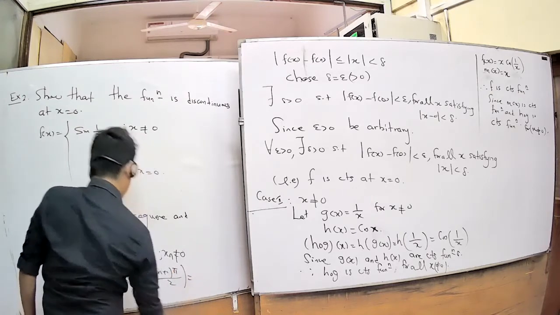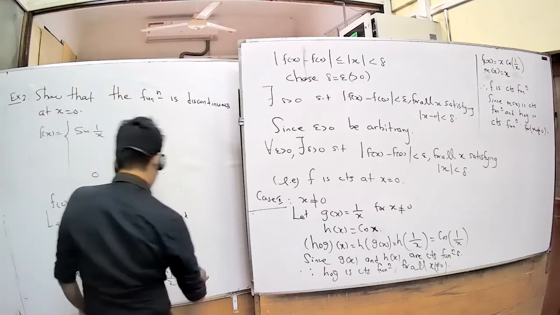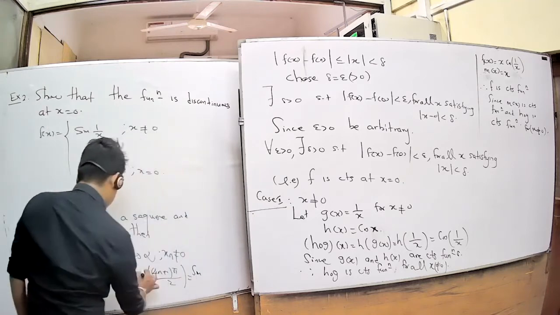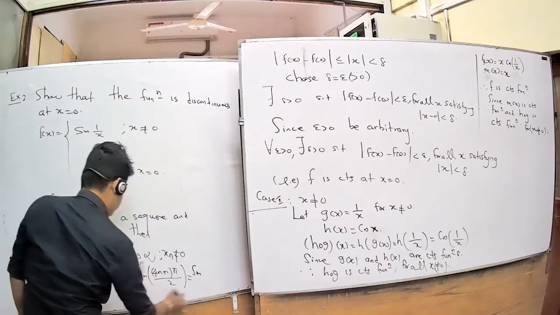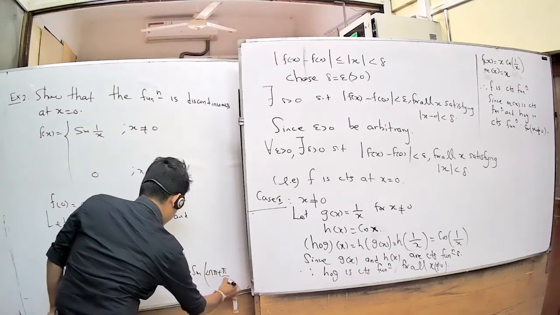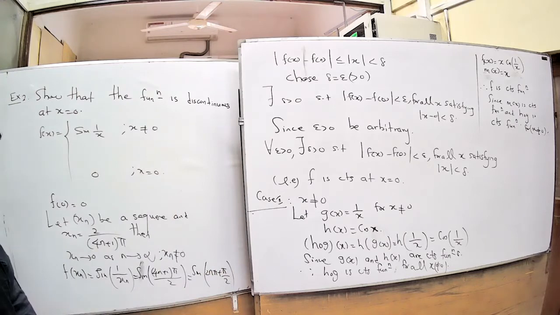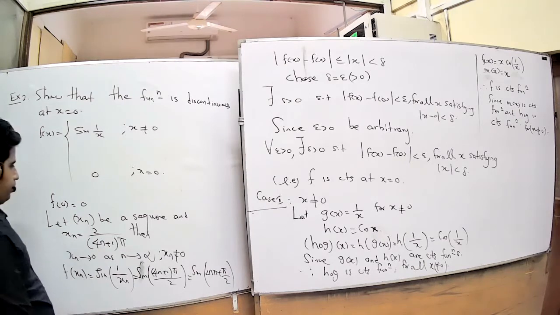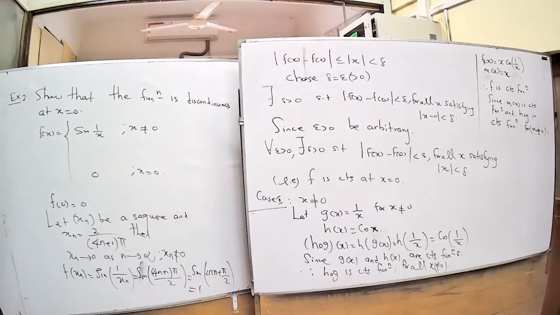You simplify this one, you get 2n pi plus pi by 2. Sine of 2n pi plus pi by 2 is sine pi by 2, which should be 1.